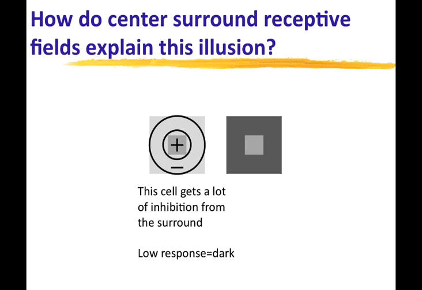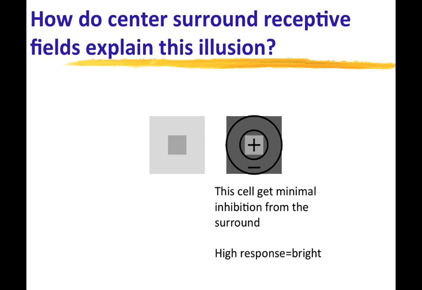If you have a ganglion cell with its receptive field centered just this way, the excitatory center will get some light, but it will get a lot of inhibition from the bright light on the surround. In contrast, if you have another ganglion cell that was centered on the right square, it gets exactly the same excitation in the middle because I made the squares exactly the same, but it gets less inhibition from the surround because there's less light in the surround.